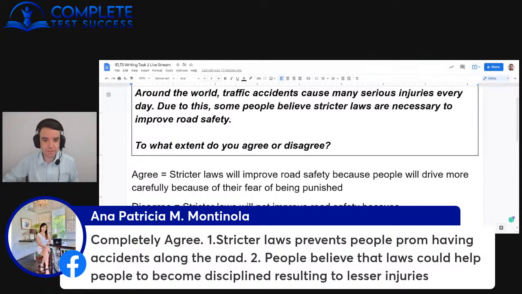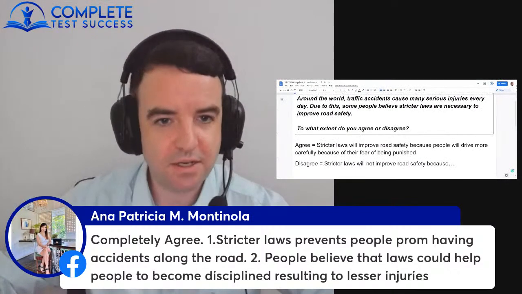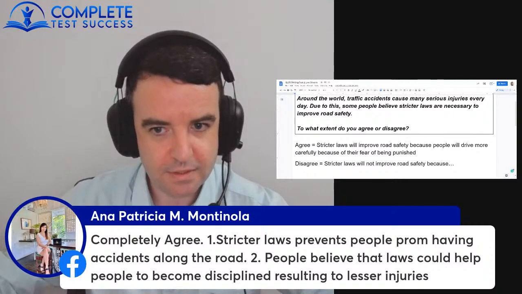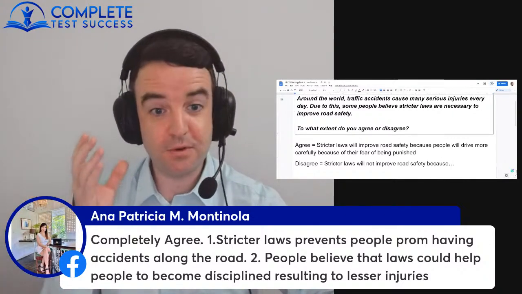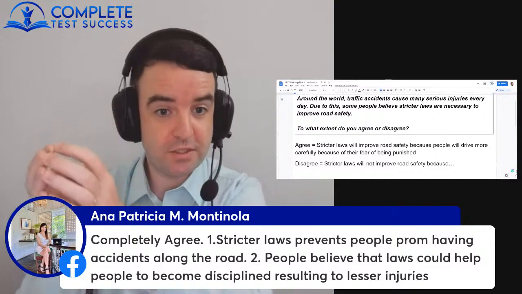Completely agree. Stricter laws prevent people from having accidents on the road. So again, that's the outcome, not the reason why we have that outcome. So that's not appropriate. Number 2, people believe that laws could help people to become disciplined, resulting in fewer injuries. Again, you're still describing the desired outcome. So we want to reduce the number of accidents, so we're going to introduce stricter laws.